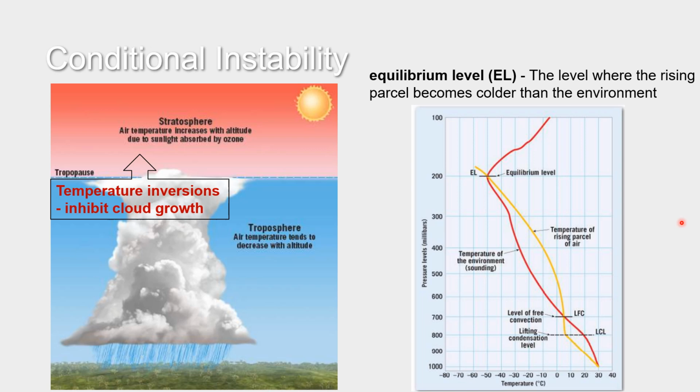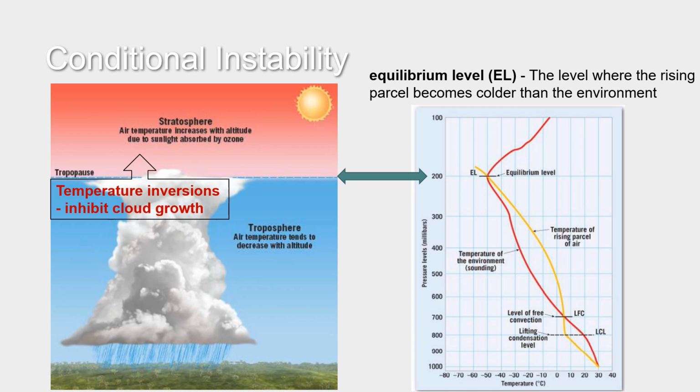At this pressure, the temperature of the rising parcel is again equal to its surroundings, and it causes the parcel to lose its buoyancy, and that's why it has stopped going up. So it's what we call the equilibrium level.